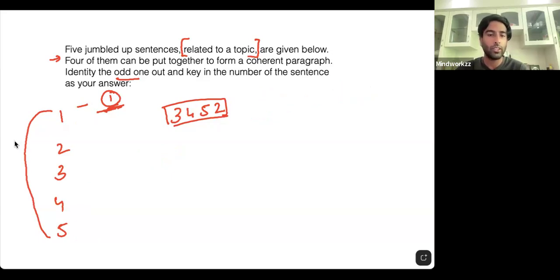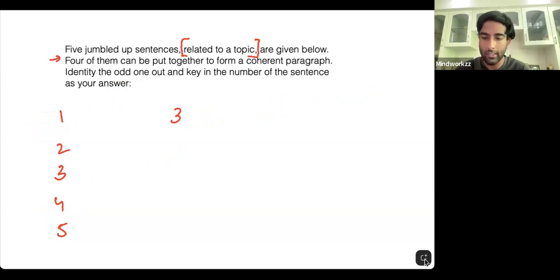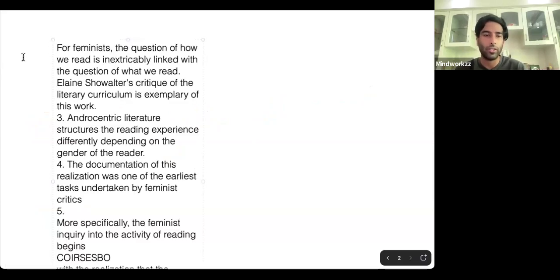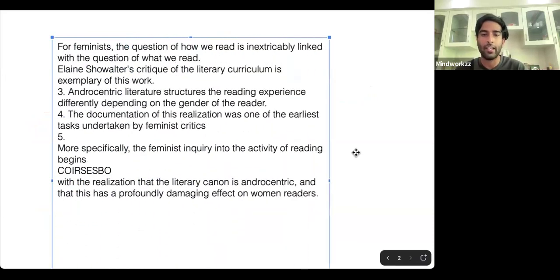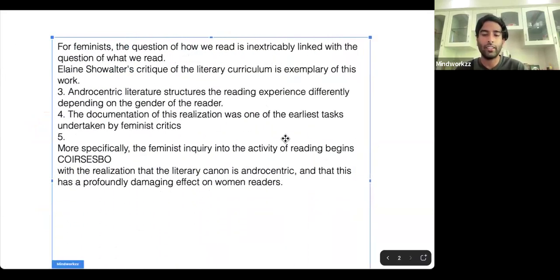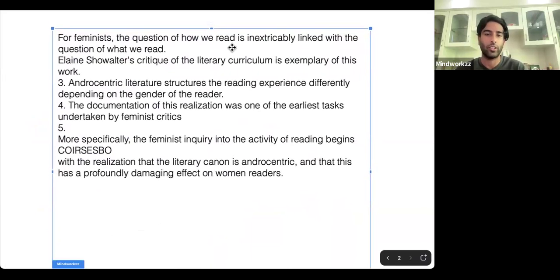So I'm going to take the first question which I want to discuss. I'm going to put it on the board, and we're going to solve it together. We're going to do 2 questions only today. I'm not going to do 5 questions or 10 questions; I don't want to do multiple questions together. The idea is to help you understand what exactly is to be done in this question type.